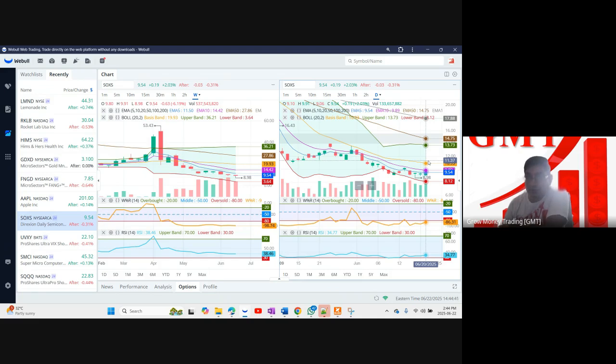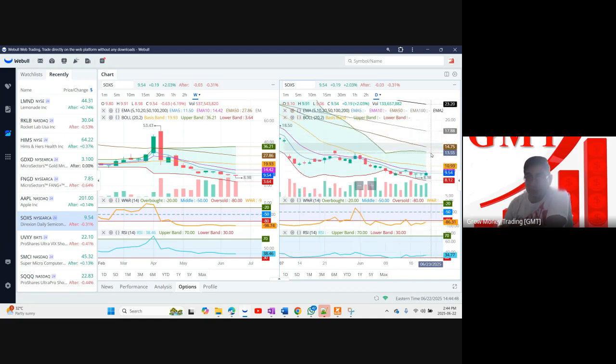The support here is at 1137. In terms of targeting a few cents lower, 1130 would be target 3, and target 4 would be $13 if it has a heavy sell off for the semiconductor stocks. That could be the target 4 to look for.